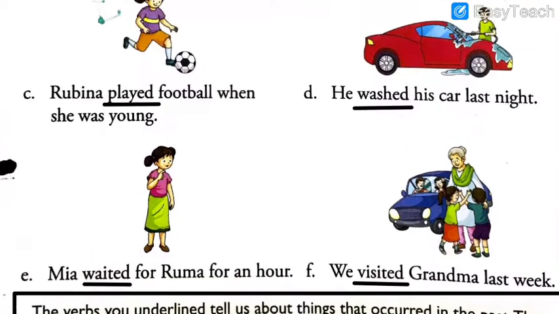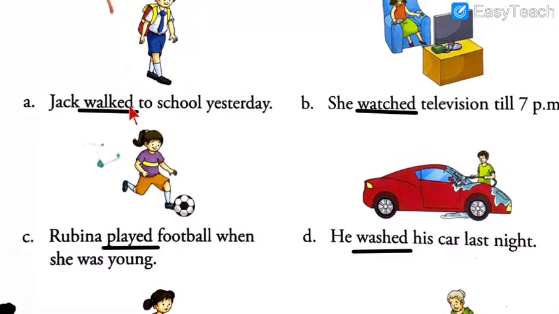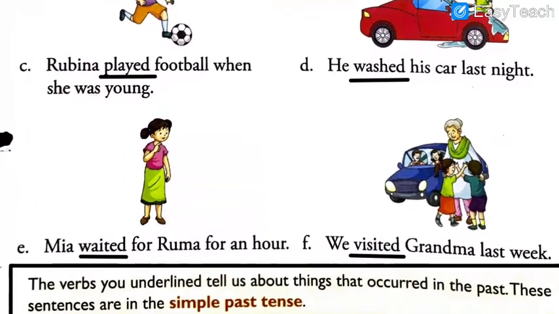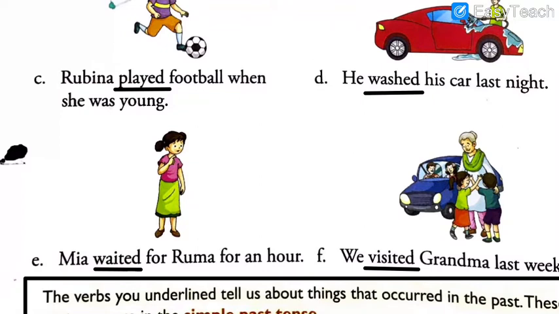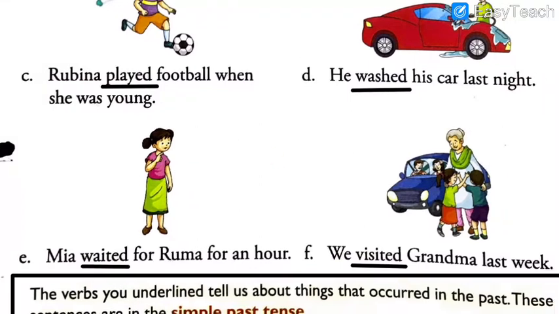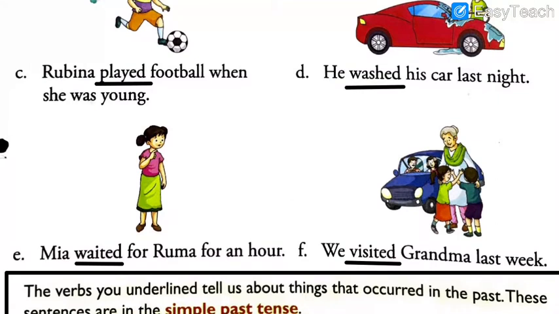I hope, my dear students, first of all, that you were also underlining all these words. Isn't it so? The regular students will obey the instructions given in the lecture and they will do the work as per the instruction. So these verbs which we underlined show that the action occurred not today, either before today or before a year or before 2 years, somewhere in the past but not in the present.